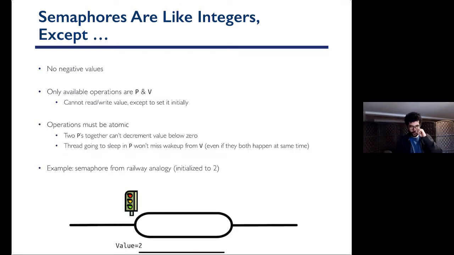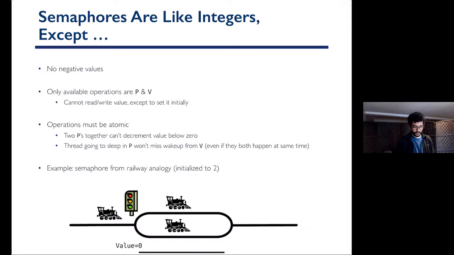Okay, so we have this semaphore initialized to 2. Now the first train comes, it's going to call P. Because the value was 2, the value will decrement to 1, and the train goes. Let's say another train comes, it decrements the value to 0 atomically, and everything now is going smoothly. Let's say another train comes. Now the value is 0, right? So this train is going to wait because the value is not positive, not more than 0.